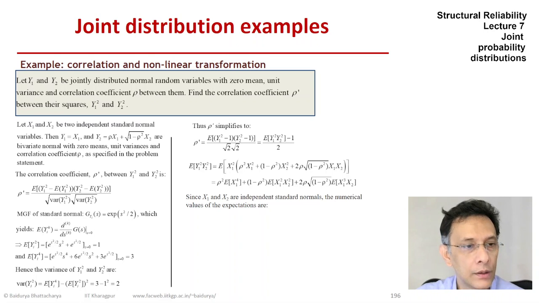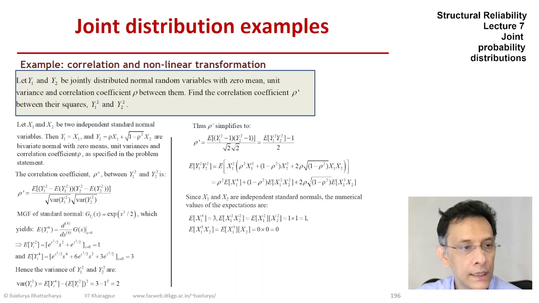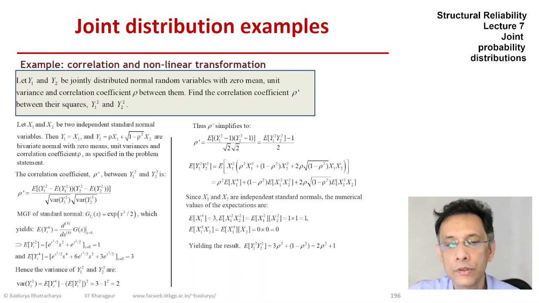So we can simplify this expression, and it turns out that expectation of y1 squared times y2 squared is a simple function of rho. So it's twice rho squared plus 1.